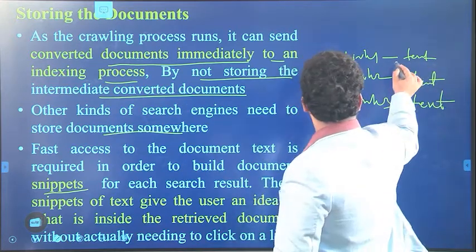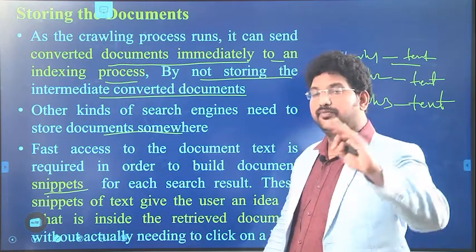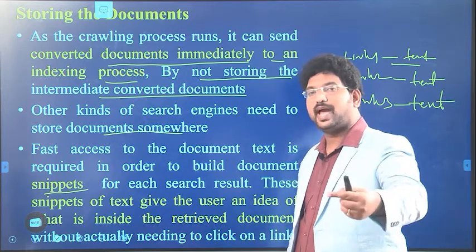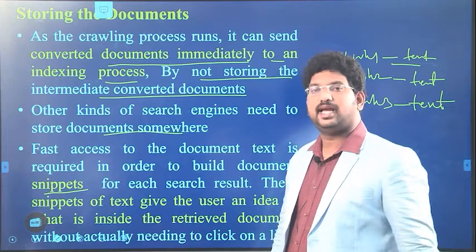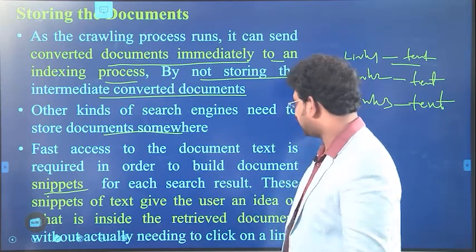If you see, only 1 or 2 lines of the textual information can be viewed. By viewing that 1 or 2 lines of information, you are going to judge the text present in the entire link. So as part of the snippet, you are going to do the task here.